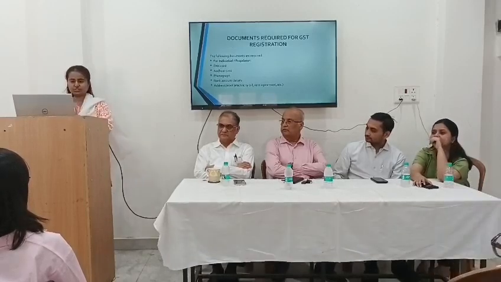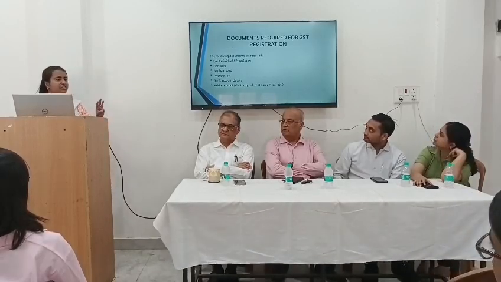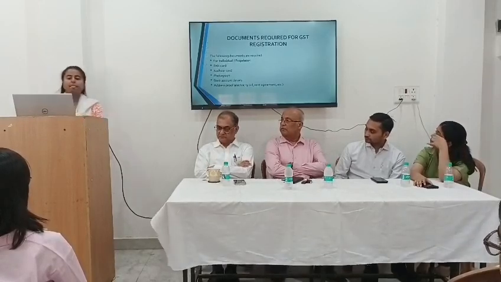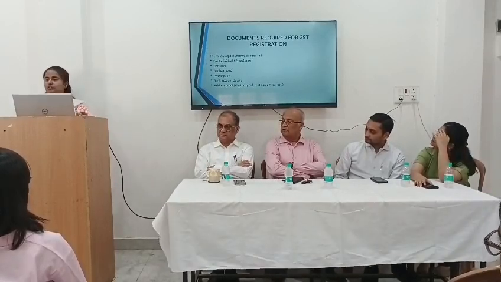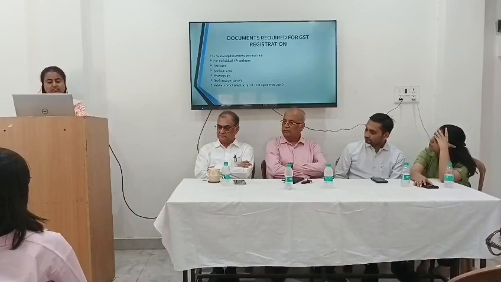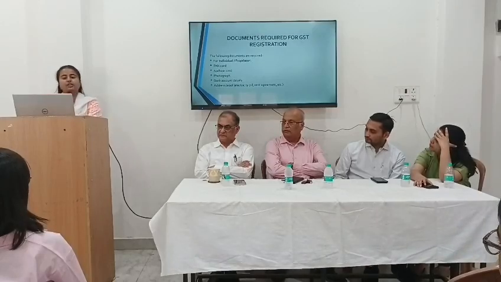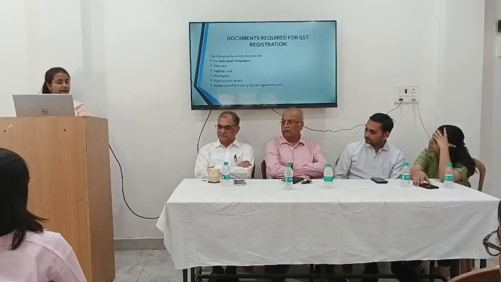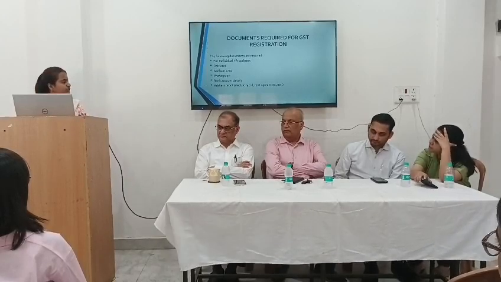Now the documents required for registration. There are three categories: for individuals, for companies, and for partnership firms. First, for individuals: the PAN card, which is of 10 digits, the Aadhaar card, photographs, bank account details, and address proof.